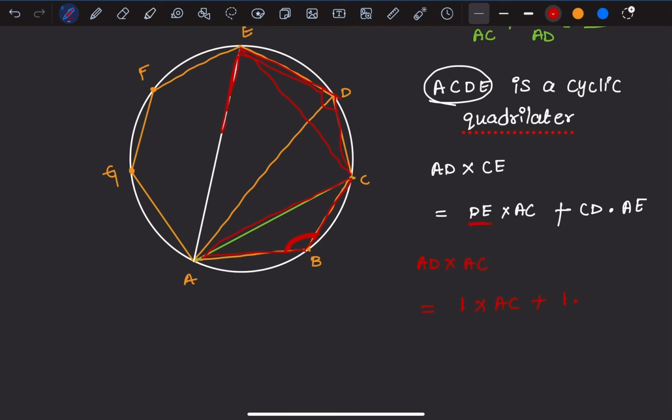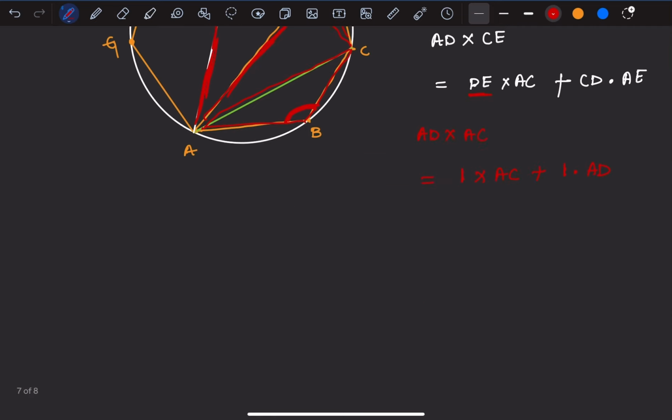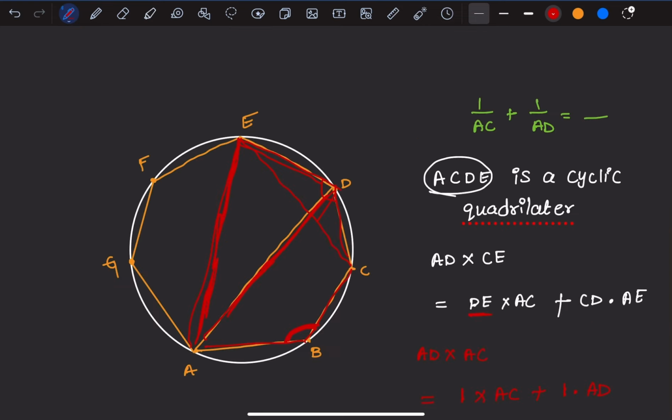AE will be equal to AD, so AE can be replaced with AD. So now AC times AD is equal to AC plus AD. Divide the whole equation on both sides by AC multiplied by AD. This and this get cancelled. So 1 is equal to 1 by AD plus 1 by AC.